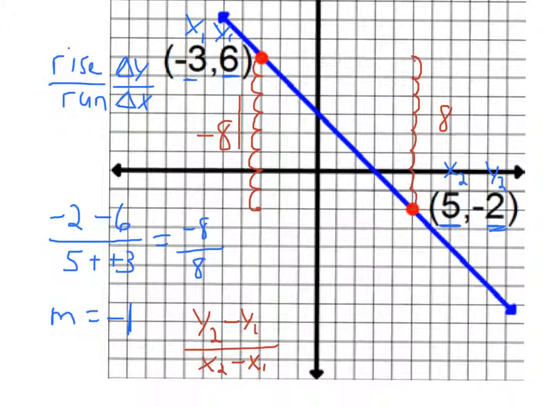So if you're going from left to right, you're going to go down, and then you're going to go over. If you go from this point, you're going to go up, and then you're going to go over this way. So either way, you'll get the right answer.